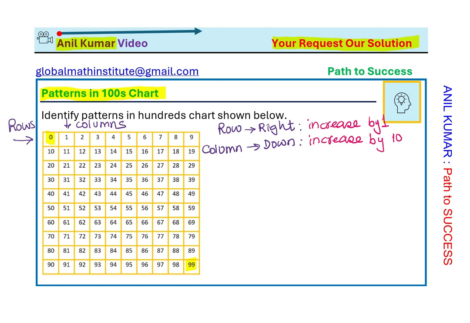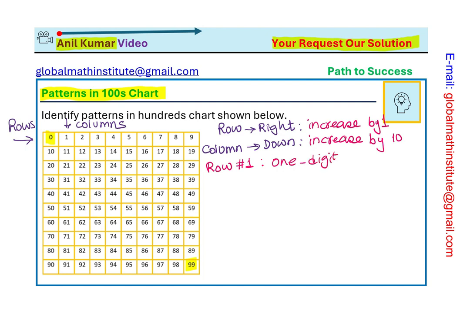Now, looking into each, there's a major difference. We have one digit numbers in the first row. So the first row is one digit numbers, and all the rest of the rows are 2 digit.